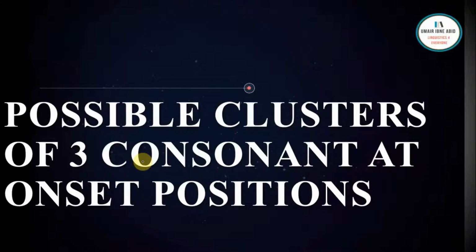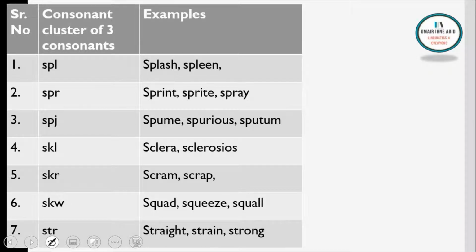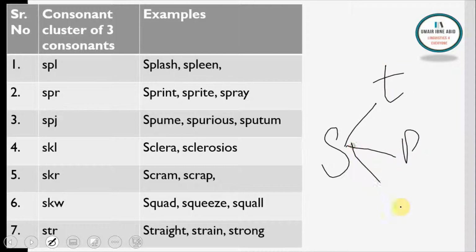Now we are going to look at possible clusters of three consonants. These are the possible combinations, all starting with s: splash, sprite, spute, scleria, scramp, squad, straight. You must have noticed that after s the consonant is t, p or k.